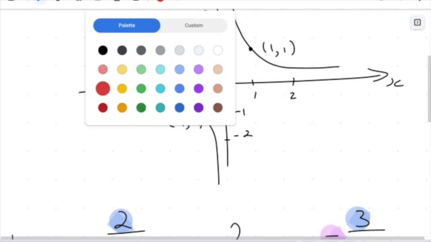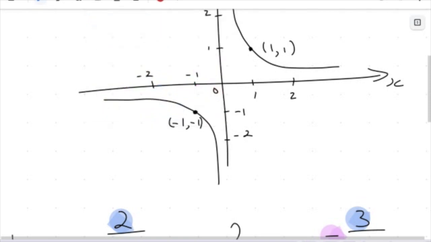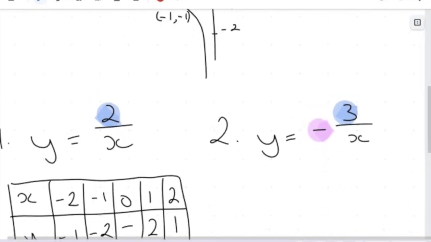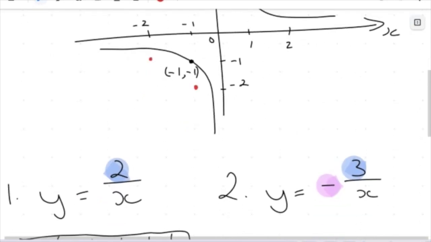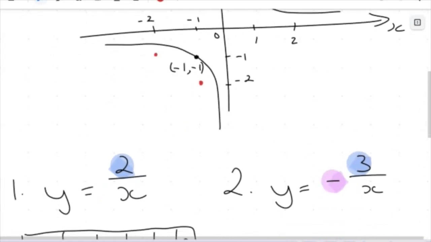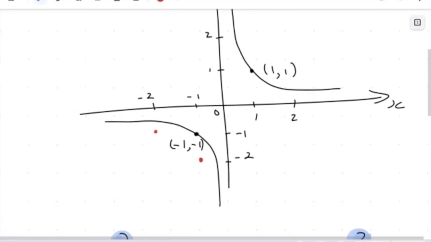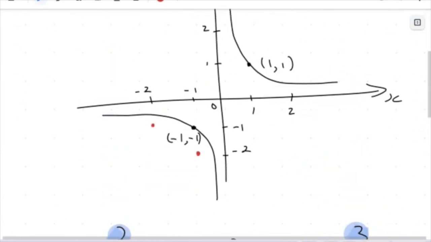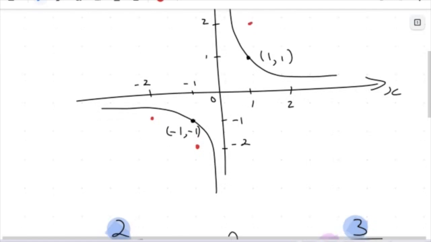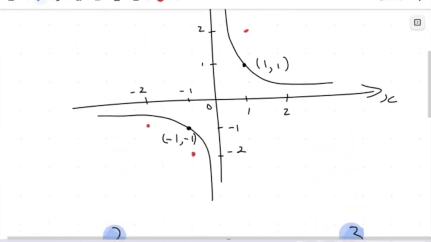So let's draw that in here. When x equals -1, y equals -2. So that's here. And for 0, I get nothing. When x is 1, y equals 2. And when x is 2, y equals 1. So we get this thing here.